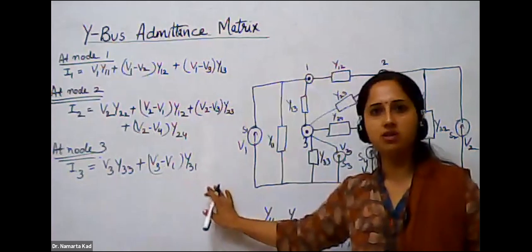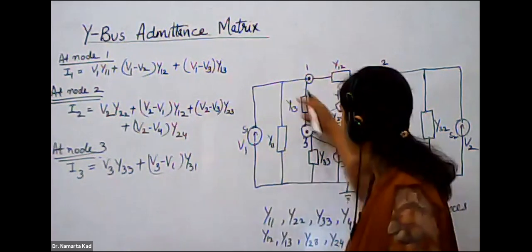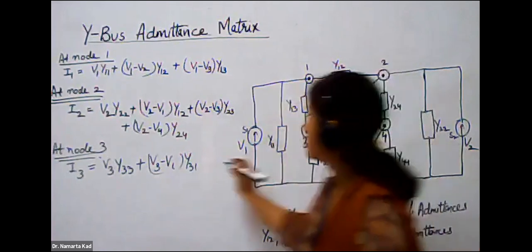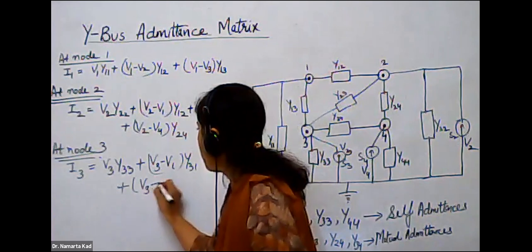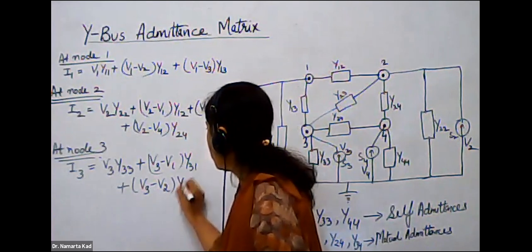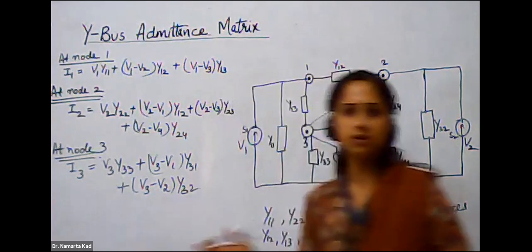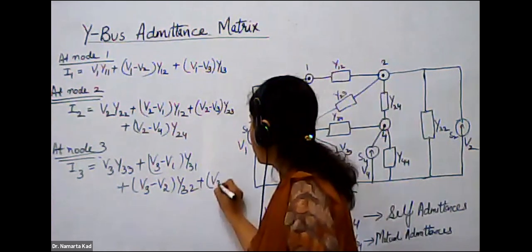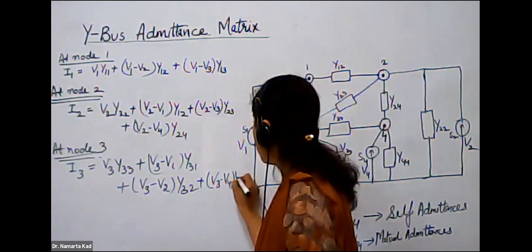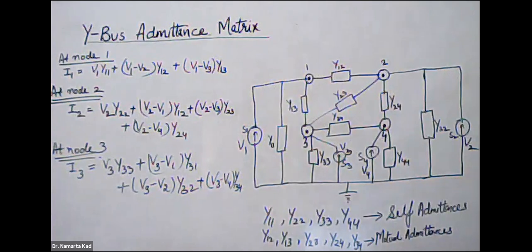Y31 or Y13, they are the same, because the same admittance is connected between the two nodes. Plus (V3 minus V2) Y23 or Y32, you can write either, plus (V3 minus V4) into Y34. In this way, we get the equation for node 3.